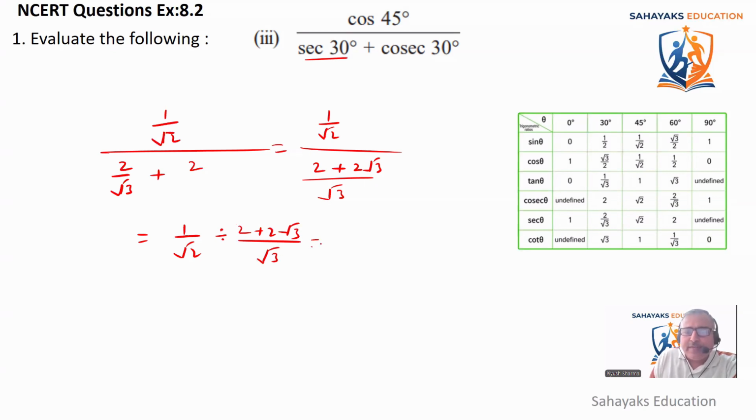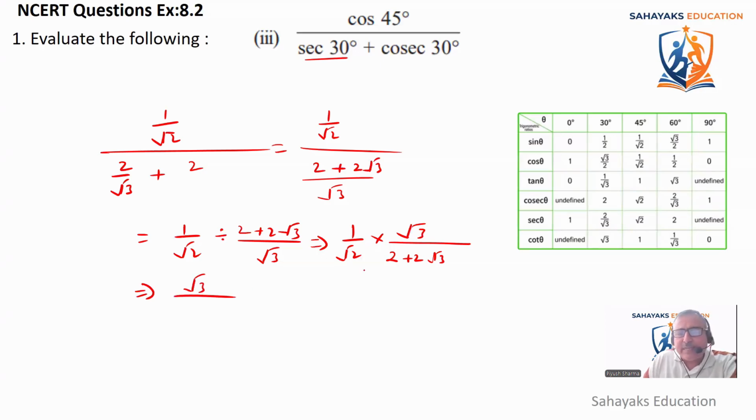Or it implies that it is 1 by root 2 multiplied by root 3 divided by 2 plus 2 root 3. Okay, I can take 2 common also here. So that also implies that it is root 3 divided by, let's multiply, it becomes 2 root 2 plus 2 root 6.